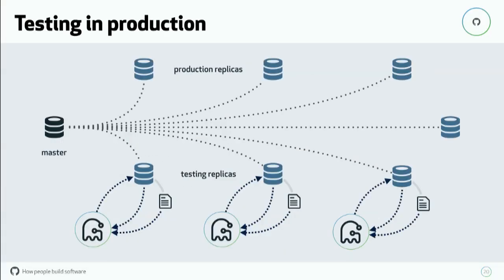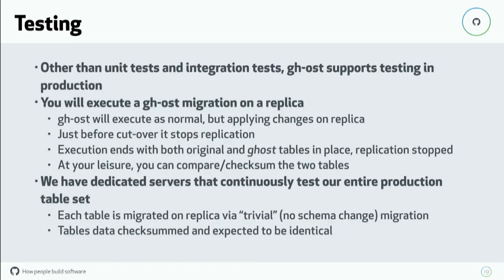That's cool. We could also have a bunch of those running on a set of dedicated replicas. On our largest cluster, we've got 3 dedicated Ghost testing boxes. And what they're doing is going through every table that we have and doing a trivial engine=InnoDB alter.